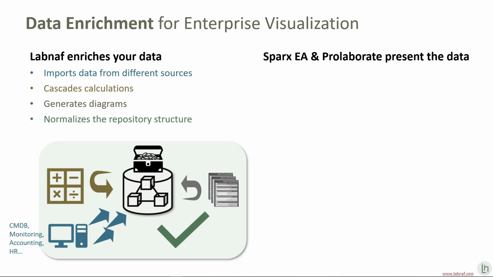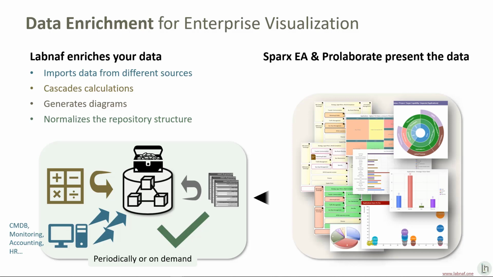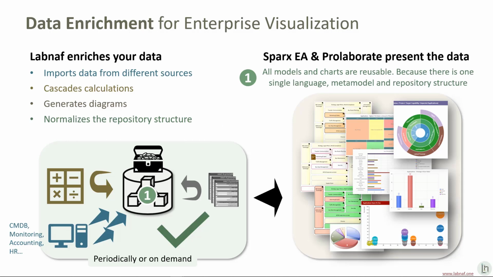Labnaf can either schedule these tasks or you can run these on demand. So, as a result, Sparksy and Collaborate can display very rich and useful information. And thanks to Labnaf, all models and charts are now reusable across many organizations, because there is one single Labnaf modeling language, metamodel, and repository structure.